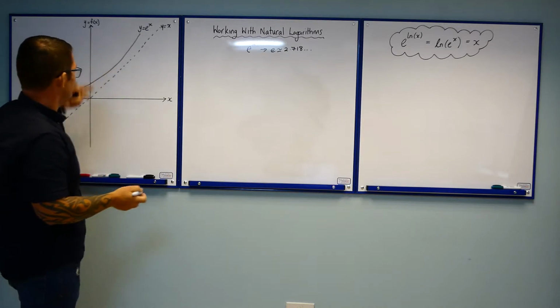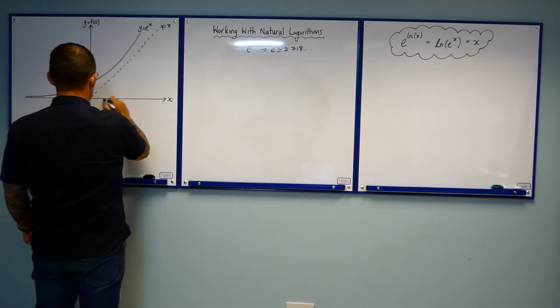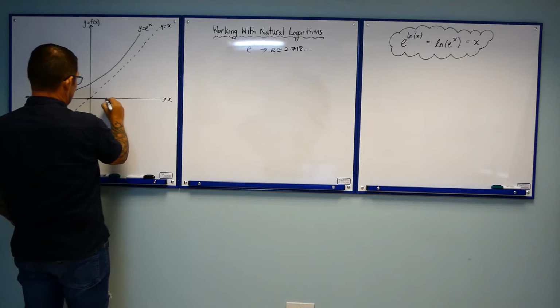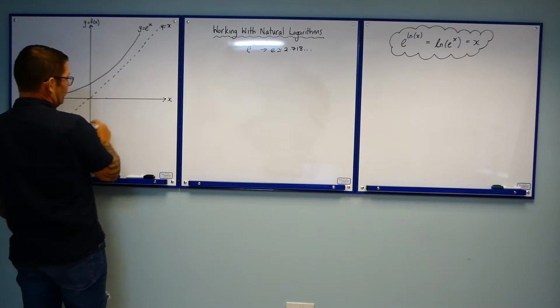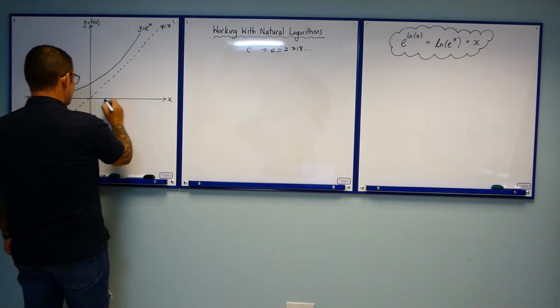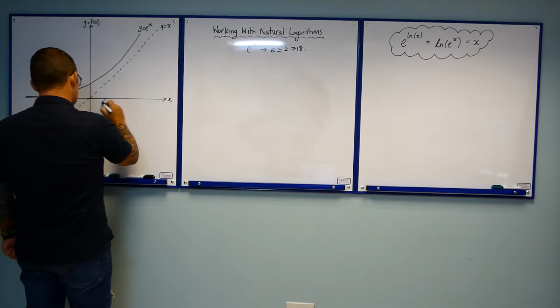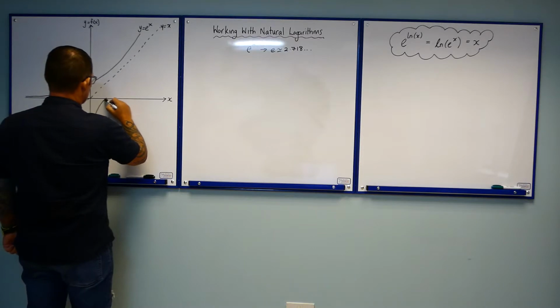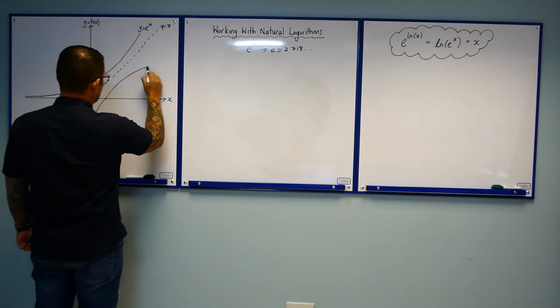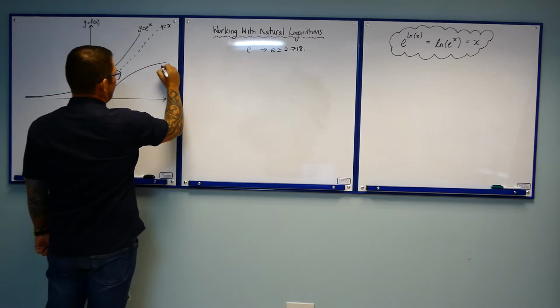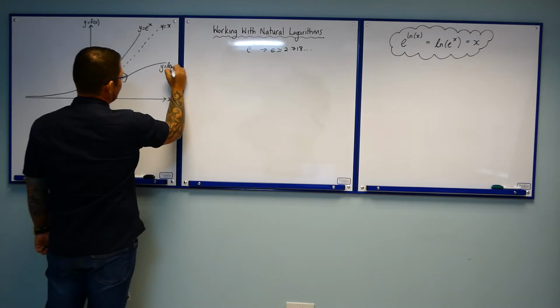If you look at this and imagine reflecting it, it's going to clearly go through 1 again here, as e to the x goes through 1, ln x will go through here, and it reflects like this. It's going to be asymptotic down this side, and then it's going to come up, and it's going to look like this. So what we have here is y equals ln x.